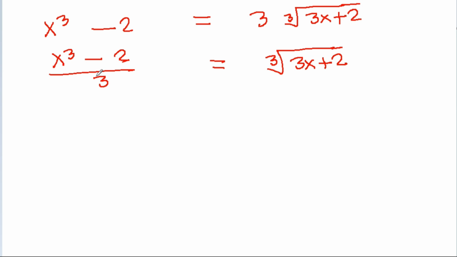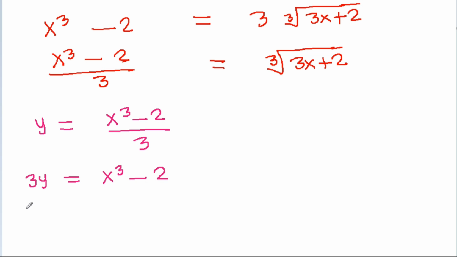and if you notice, if we take a function y is equal to x cube minus 2 by 3 and try to find the inverse function, we get 3y is equal to x cube minus 2, and 3y plus 2 is equal to x cube, and x is equal to cube root of 3y plus 2.